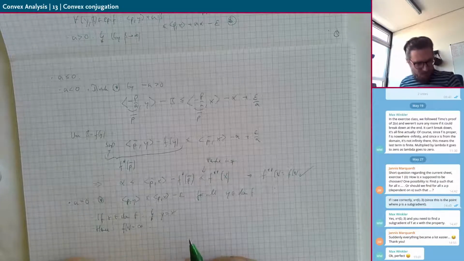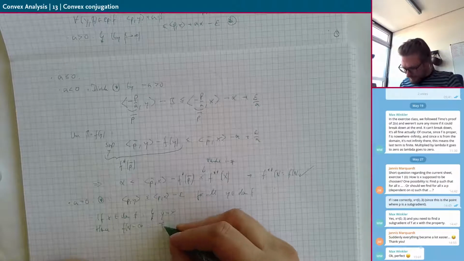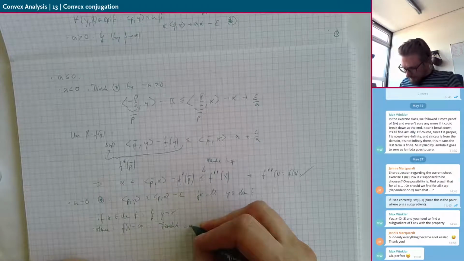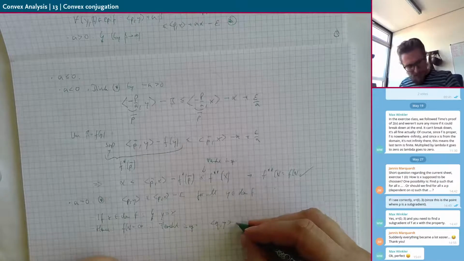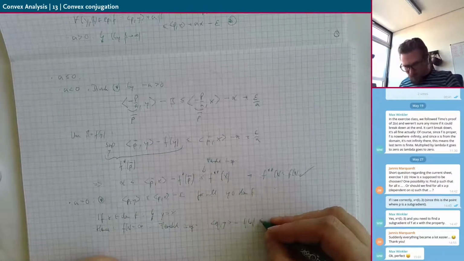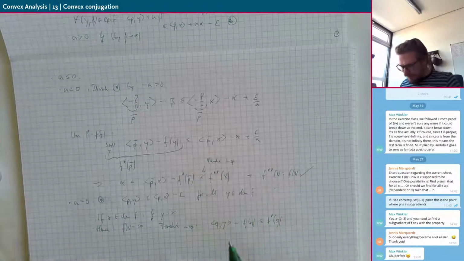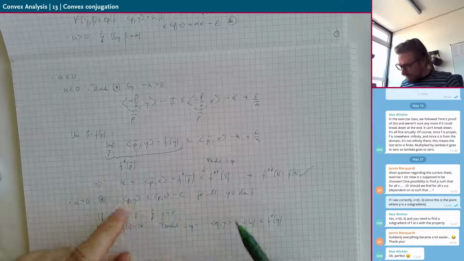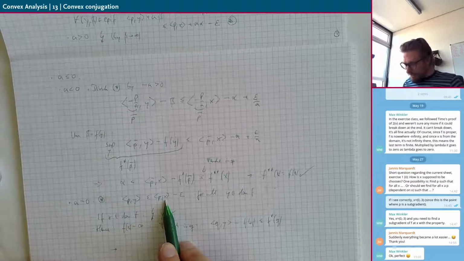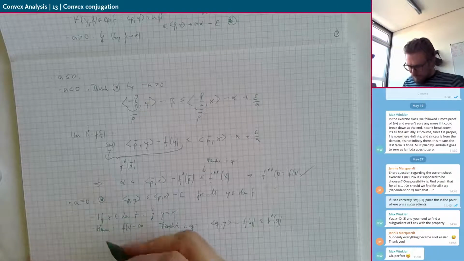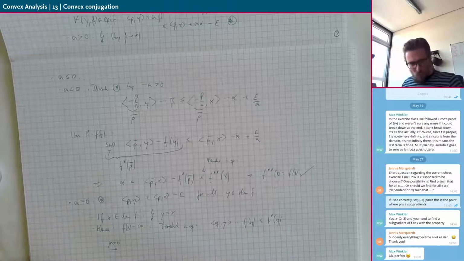And so now we're going to use Fenchel's inequality again, with different variables: q times y minus f of y is smaller or equal to f star of q. And then we combine this with this inequality here. So taking this inequality, multiplying by some mu, which is positive, and adding this to this inequality, what do we get?